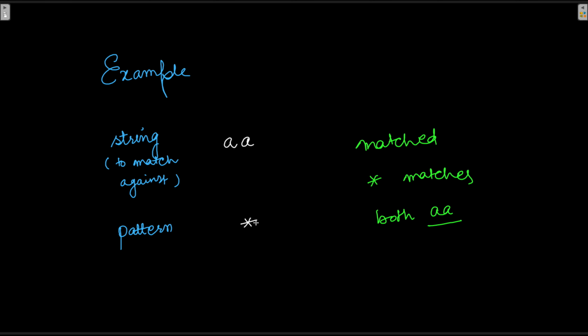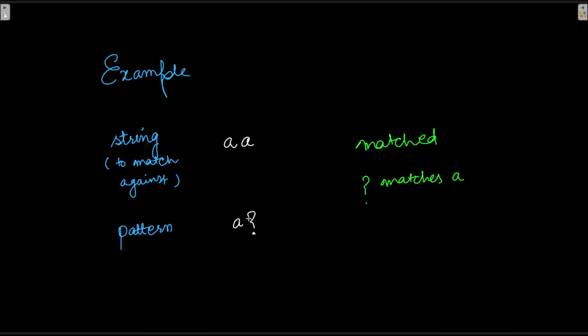So this asterisk is going to be acting as two characters. If you remember, it can act as 0 characters, 1 character, 2 characters, any sequence of characters basically. So here AA can be matched against asterisk and that's a match.